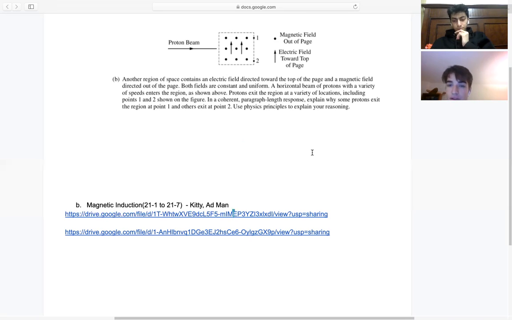Since the forces can have a net zero effect, there's a certain speed where they're going to deflect higher versus lower on the page, because the magnetic force is going to overcome the electric force. So slower protons would exit higher than faster protons.